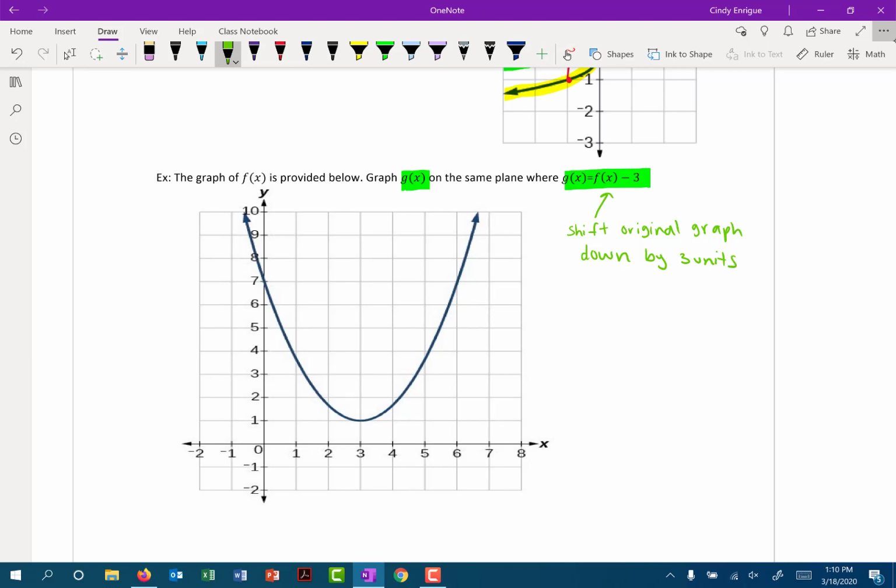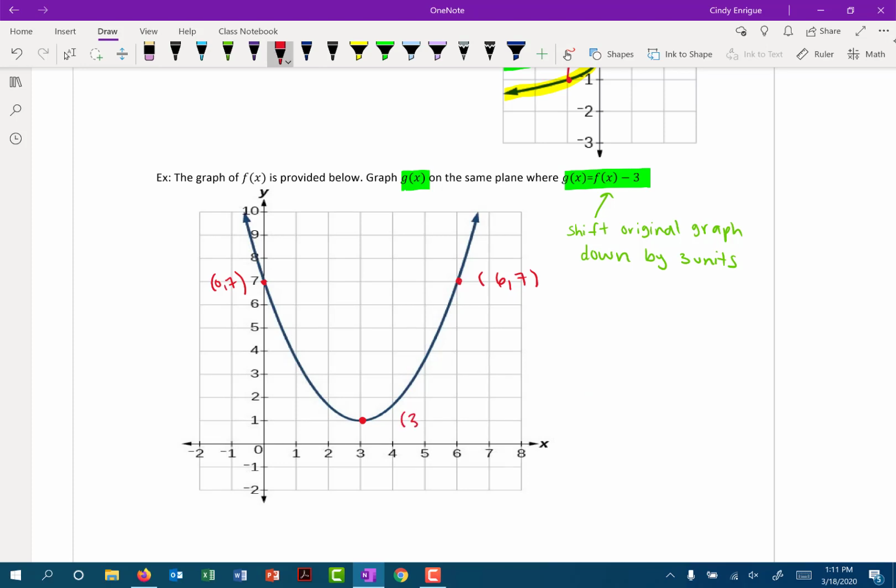So I'm like, okay, well, let's look at some key points here. This point right there, we have that as 3, 1. Okay. Maybe another point to realize is here. That point here is 6, 7. And this point right in there in that parabola is going to be 0, 7. So maybe I'm going to go ahead and write that other point right below it so that way I know what I'm writing.